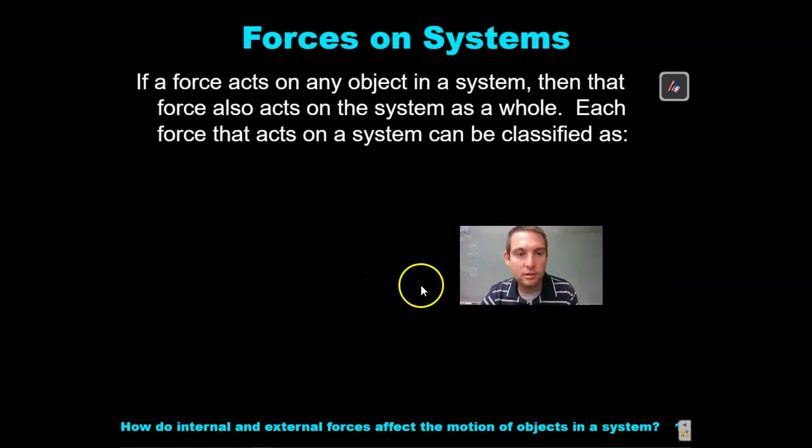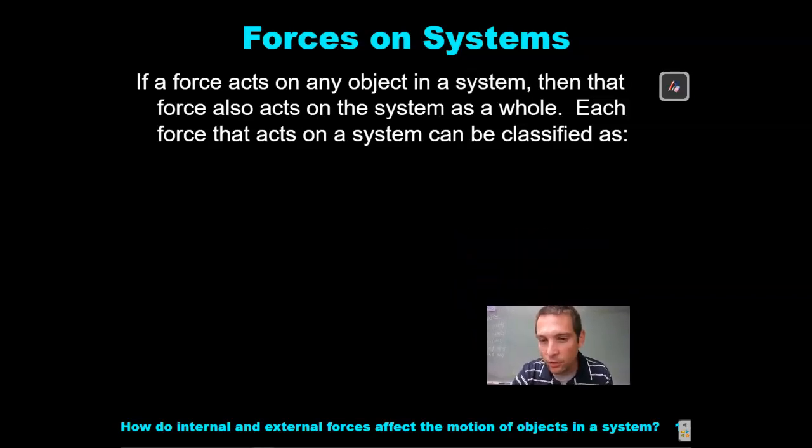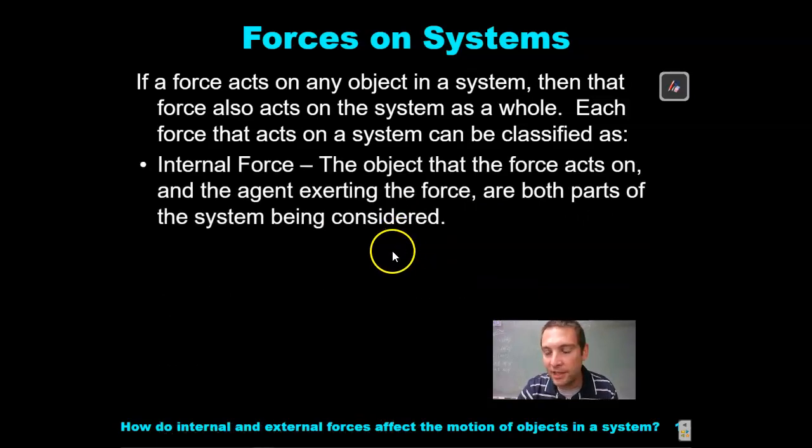If a force acts on an object in a system, then that force also acts on the system as a whole. Each force that acts on a system can be classified as either an internal force, in which the object that the force acts on and the agent exerting the force are both parts of the system being considered. Watch this a couple of times. I know it gets confusing.